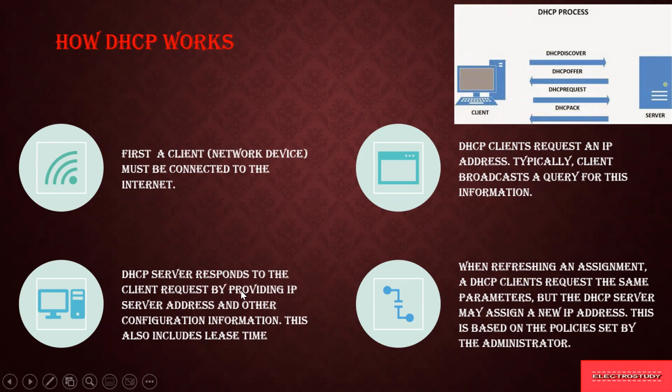Now, the server will respond to the client with the server IP address and all other configuration information like the prefix value, the computer address, and the router address, and all these must be done within a lease time.